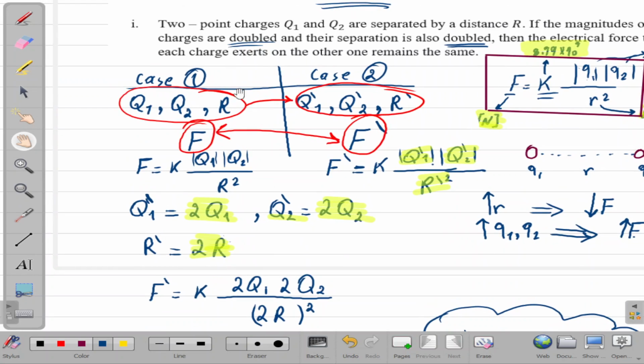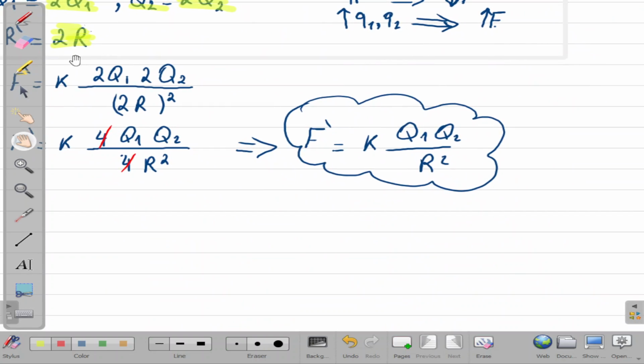If we go back to the first case, we knew that F is equal to K Q1 Q2 over R squared. And here we have K Q1 Q2 over R squared equal to what?